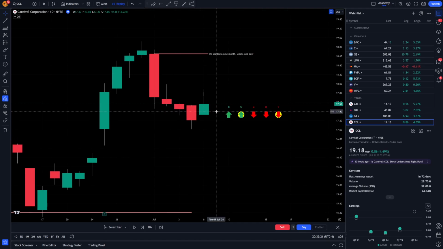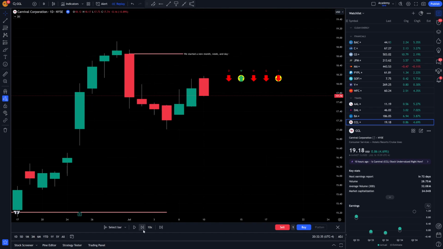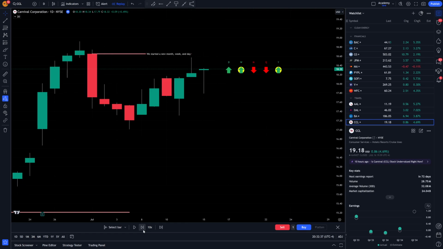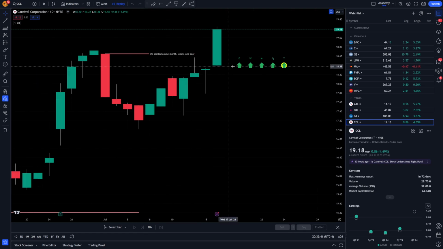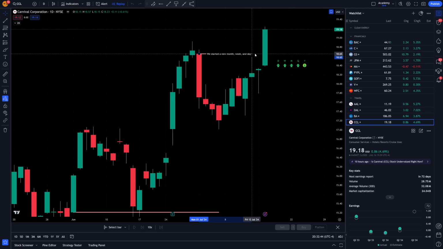But if we have inconsistency where at a certain point the day starts turning green, the week is red, but the month and quarter and whatnot are red, this is where things may be a little less obvious about where the price is going to go, right? But that's important to know.